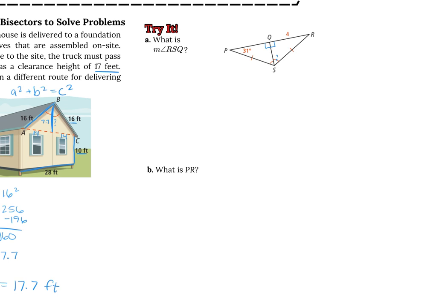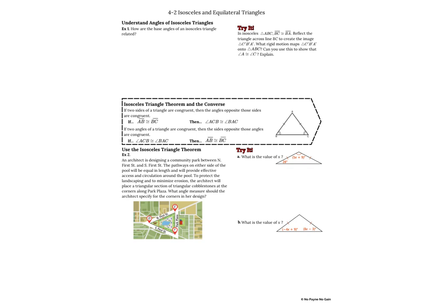I know that my perpendicular bisector is cutting my angle S in half, creating two congruent pieces. So if I can find this angle, I know it's equal to the one we're looking for. I already know two of the angles. I have 31 and that right angle, which is 90 degrees.